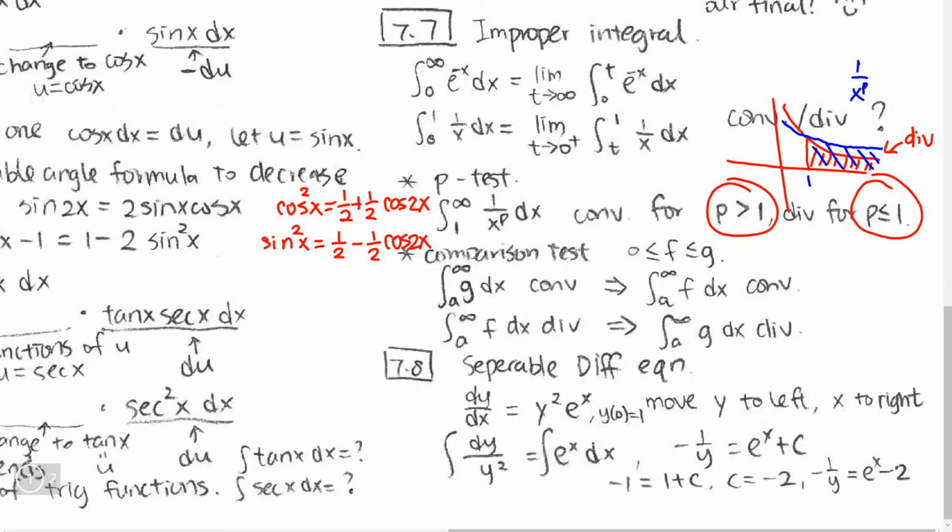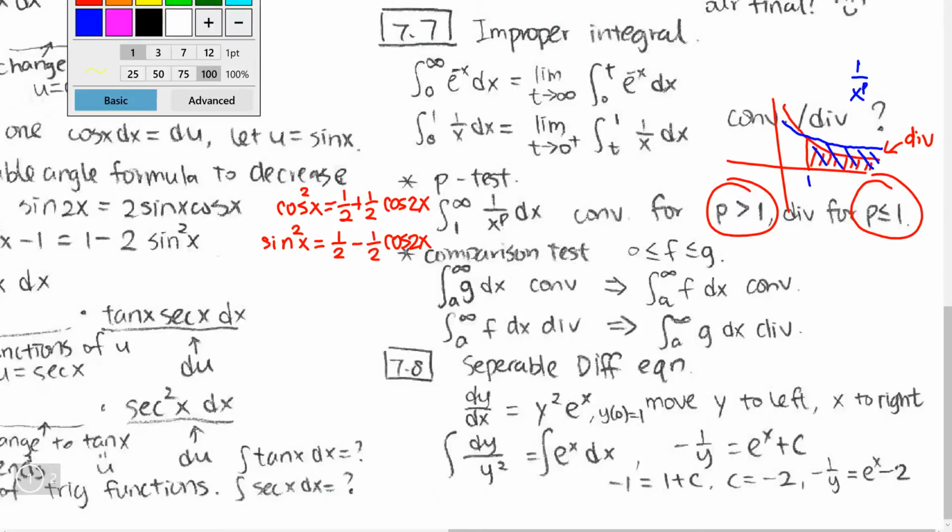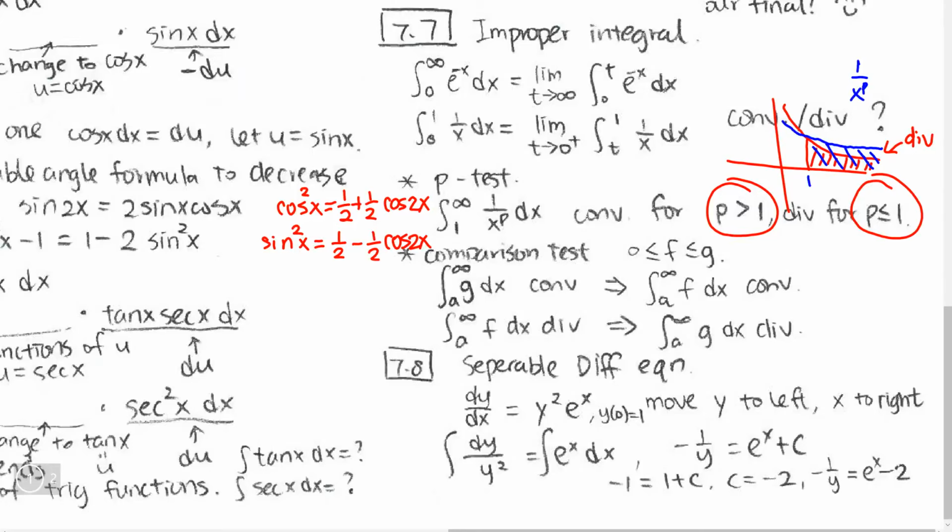But when p is greater than 1, what happened? Your integrand is going to be smaller than 1 over x. So that's why we have convergence here. The area is finite. So that is the p-test.